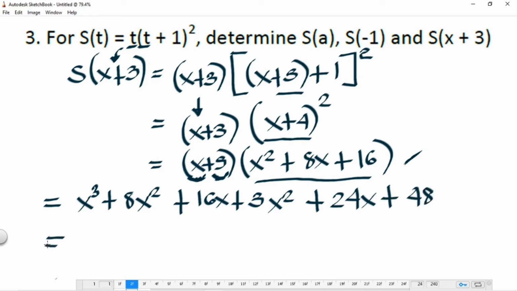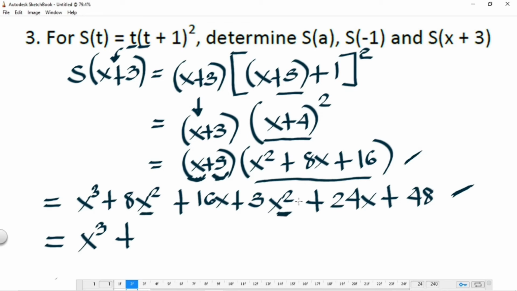We must have to simplify this one. We just have to combine those similar terms. Let us start with the term with the highest exponent for x. So this is x raised to 3, and this is the only term that is raised to 3. Plus, for x raised to 2, there are two terms ending with x squared.